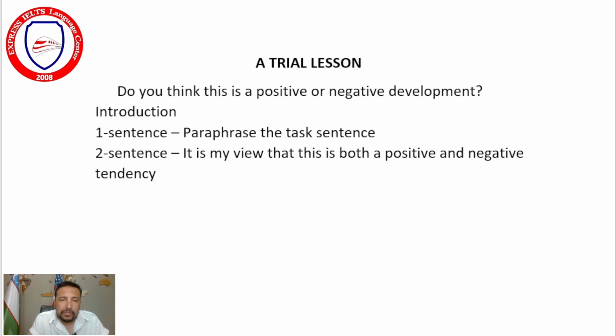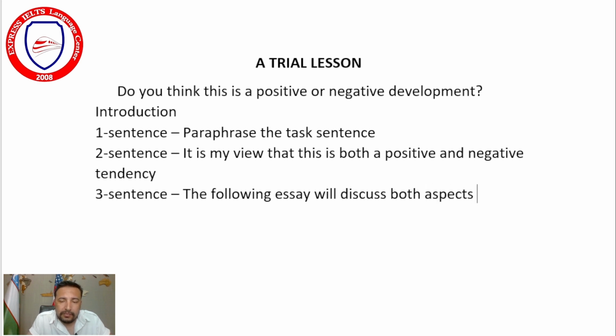Okay, in sentence number 3, you should mention the purpose of the essay. I mean, you need to give the aim of the writing. For example, you can say, the following essay will discuss both aspects of something.